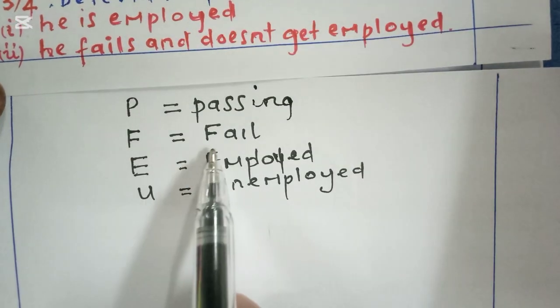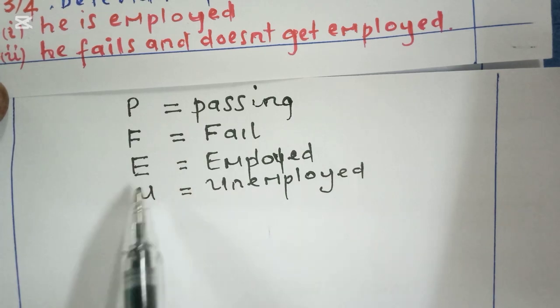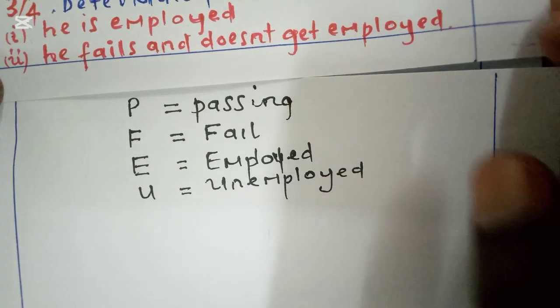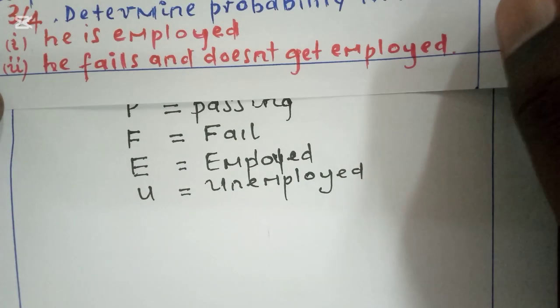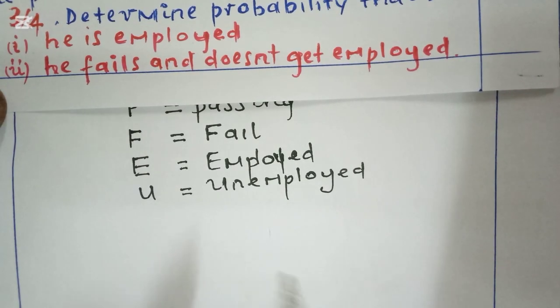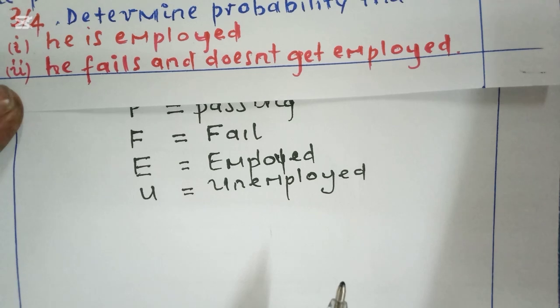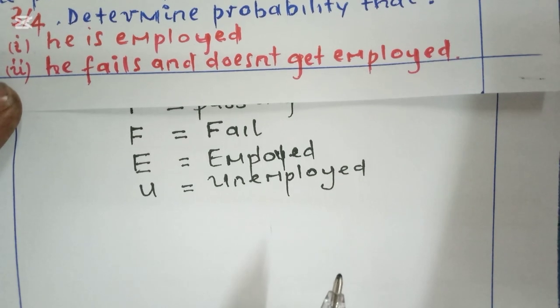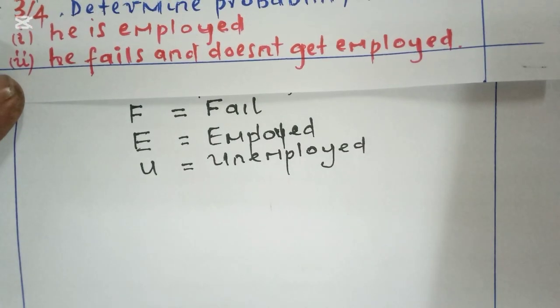Then F will represent fail, E gets employed, and U is unemployed, that is doesn't get employed. So guys, the question states the probability that a student passes exams is 4 over 5.